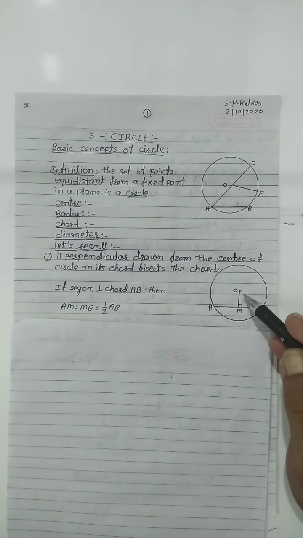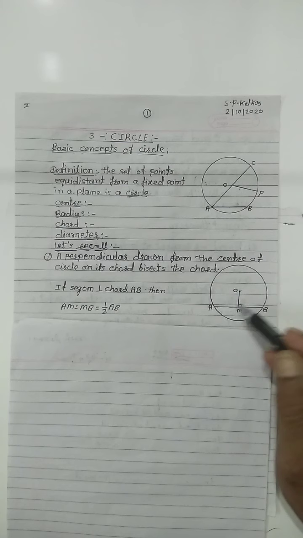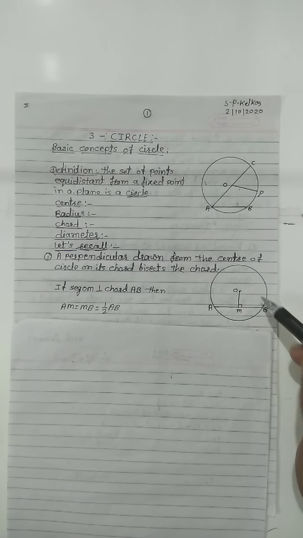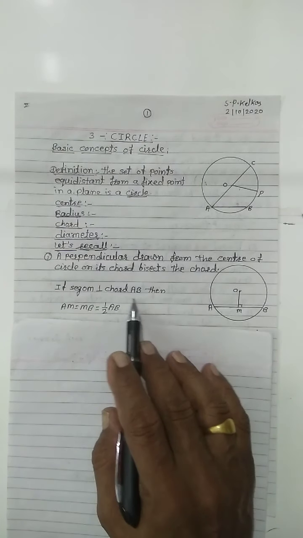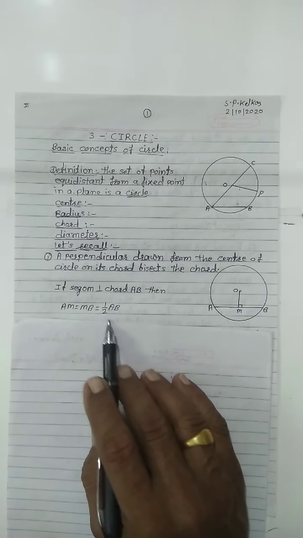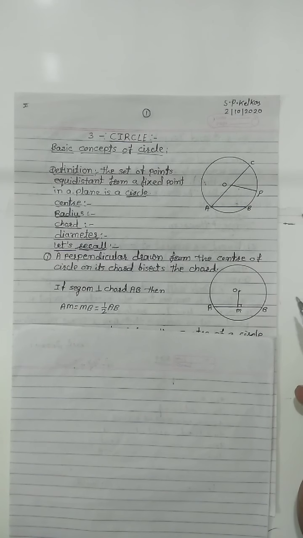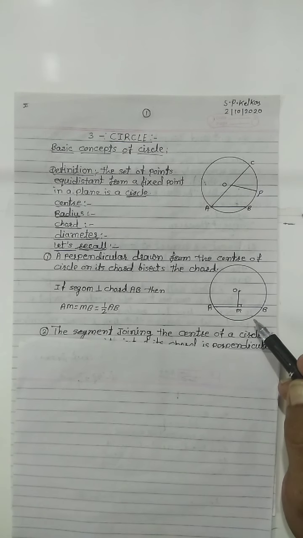Means in figure, O is the center, OM is perpendicular drawn from center to chord AB. If segment OM perpendicular chord AB, then AM equal to MB equal to 1 by 2 AB, means this chord is divided in two equal parts.